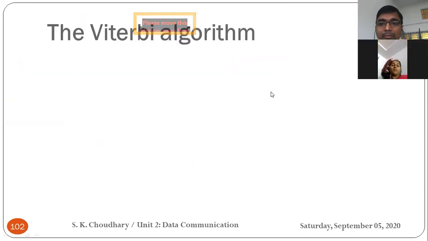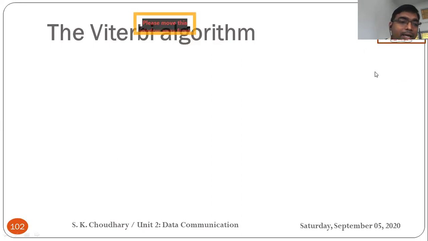Now we see the next point, that is the Viterbi algorithm. Till date, what we have seen is only the encoding method.